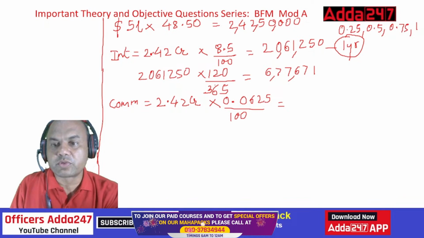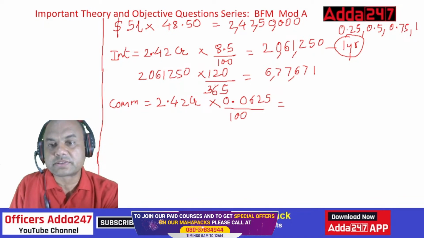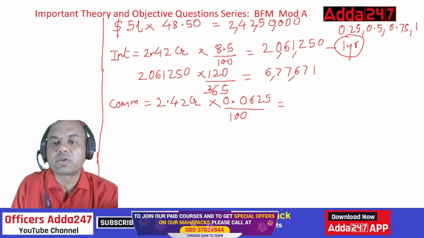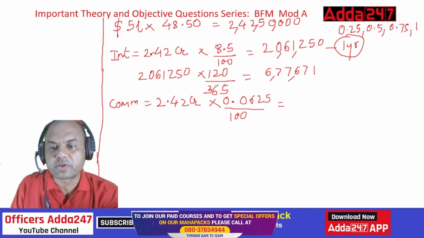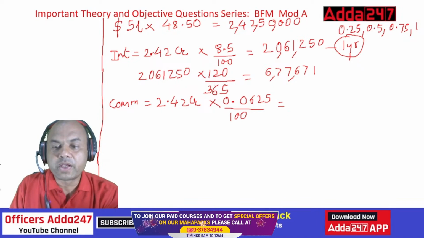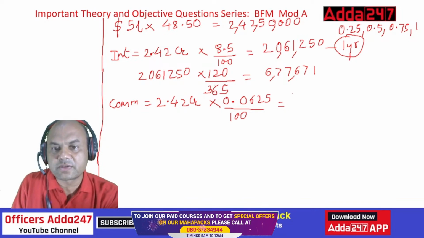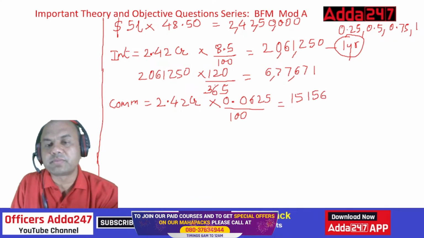This much is my amount of finance. Now on this, what am I doing? Commission 0.0625 upon 100, because it is percent. So it will be 15,156. Are you getting the same answer?